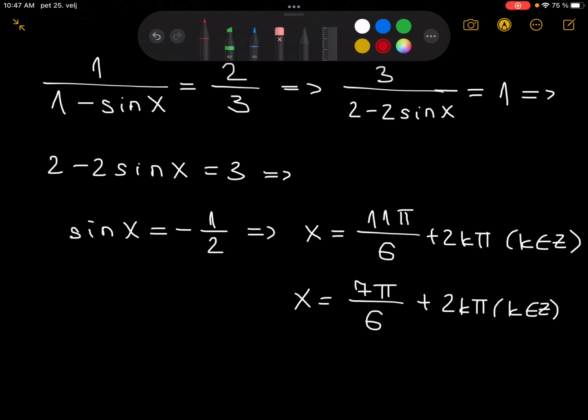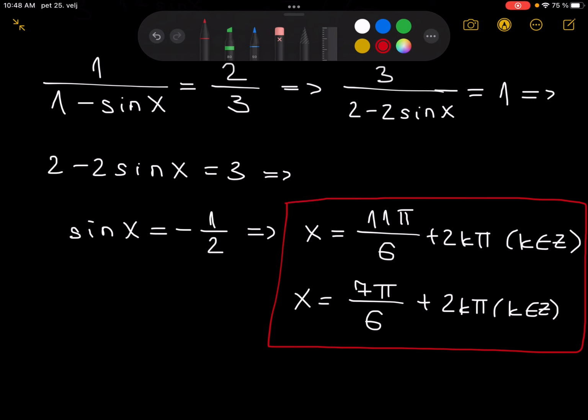So this is our final solution to this problem.